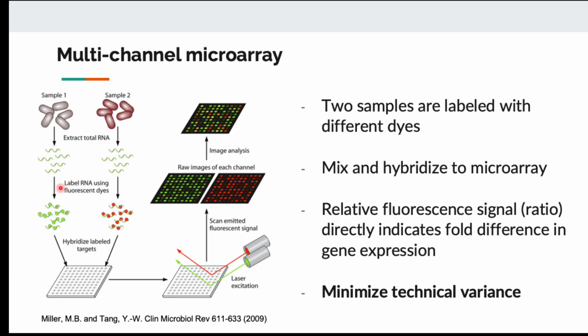So the idea is for each sample, the RNA molecules are going to be attached to a different fluorescence. So let's say sample 1 is attached to a green fluorescence tag, sample 2 to a red fluorescence tag. So when they hybridize to the microarray, if the same gene from these two samples is the same gene, they have the same sequence.